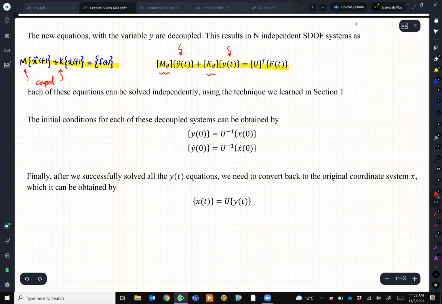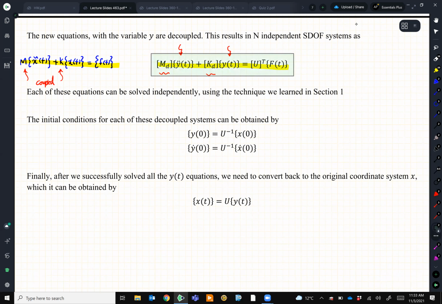Coupling means x1, x2 are interconnected. We don't like that. The new system is decoupled, so we are going to end up with separate equations, each of them a single degree of freedom system, which we can easily solve. Don't worry if you still don't follow, I'm going to solve one example and we do all of these steps manually. You will see it's not really that difficult.